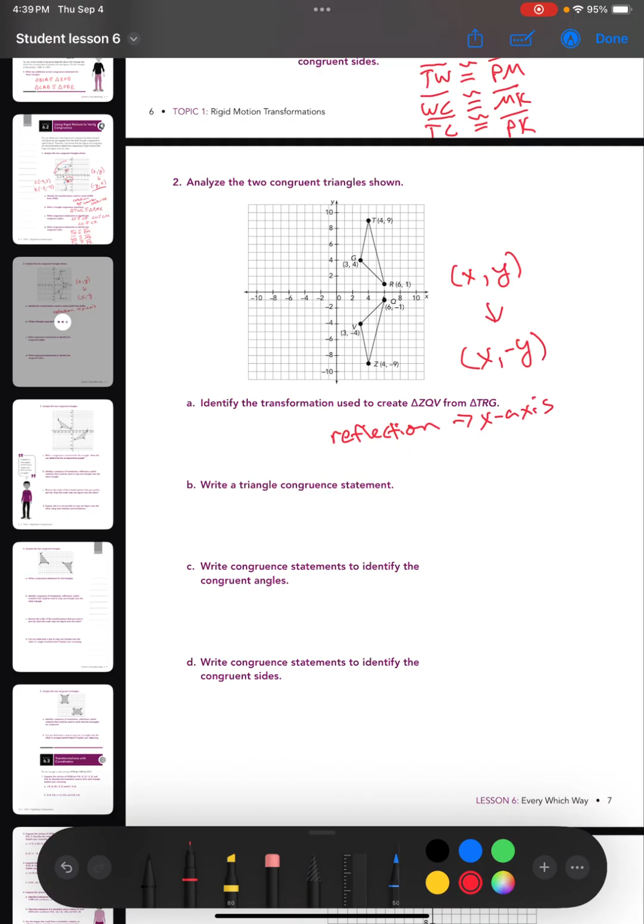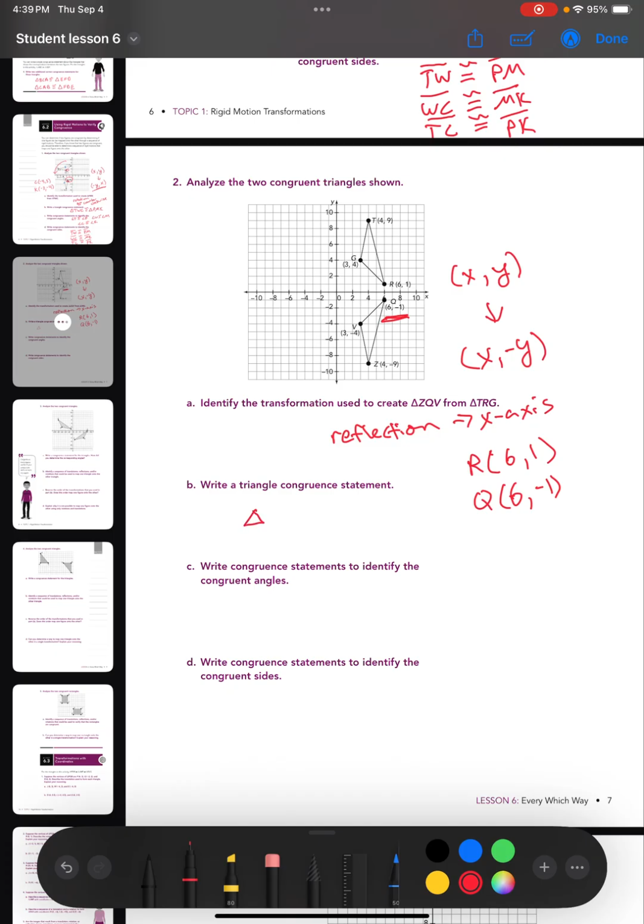If we test these two points, let me erase this so I can see their names. We have point R at (6, 1), which I'm going to say corresponds to point Q. Following that rule, it should become (6, negative 1). Looking back, yes, it matches up. If we test the other two points, you'll find the same thing. So yes, they are congruent.